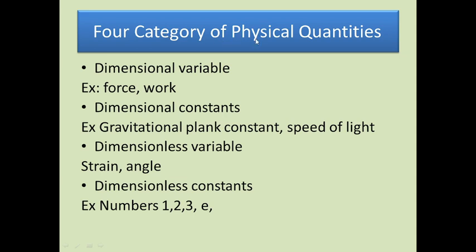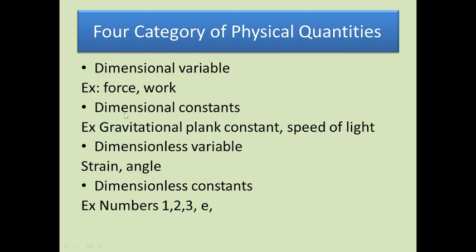There are 4 categories of physical quantities: dimensional variables, dimensional constants, dimensionless variables, and dimensionless constants. Dimensional variables, examples are force and work. They have a dimensional formula. Dimensional constants: in some of the physical laws we will come across constants like the gravitational constant, Planck constant, and the speed of light, that is 3 into 10 to the power 8 meter per second.